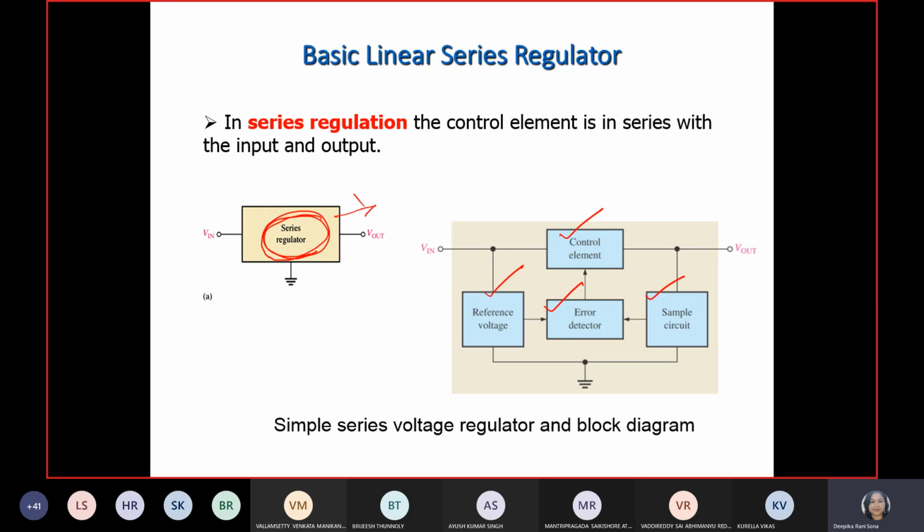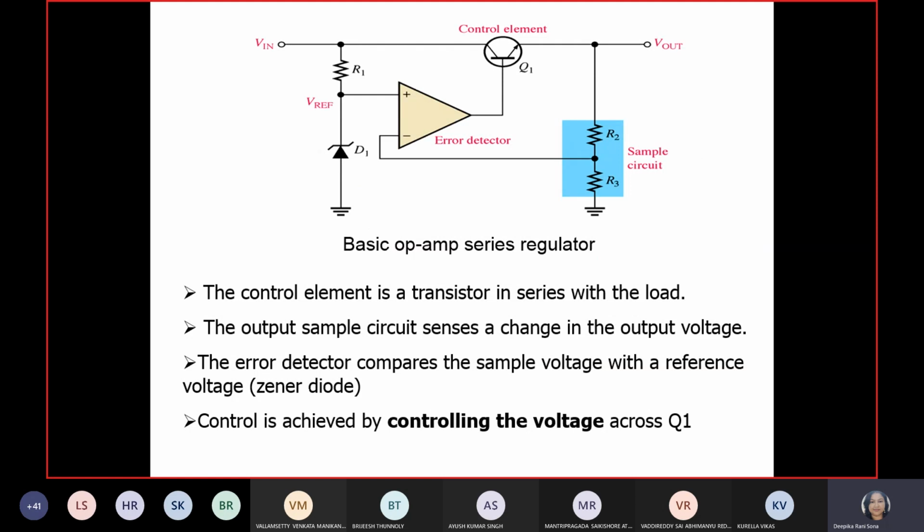Okay, just remember this part. What are the important parts? Control element, reference voltage, error detector, sample circuit. These four things only we are going to manipulate, guys, which will generate the regulated output. Let's have a look. So now can you please say, as I said, which circuit or device does the control element represent here?